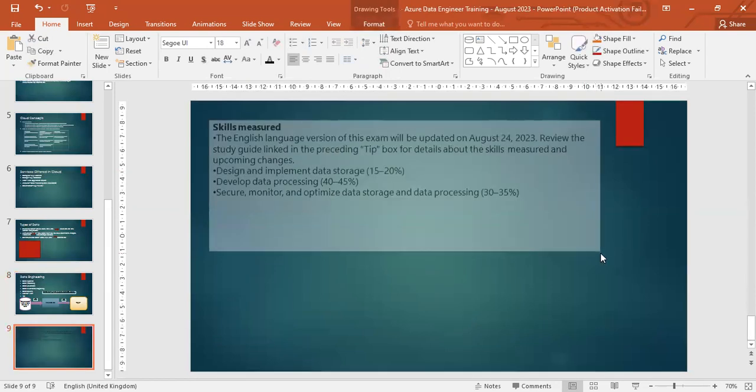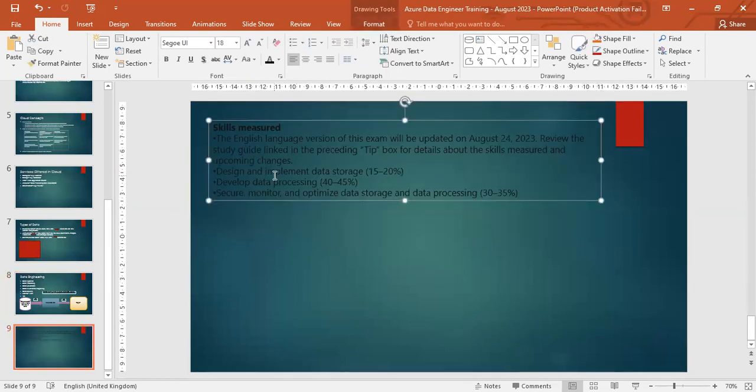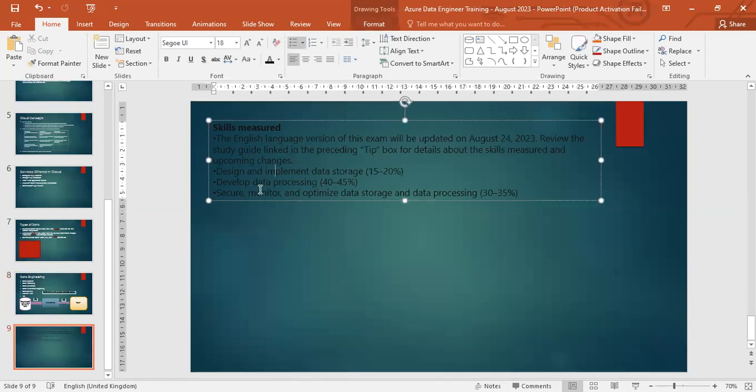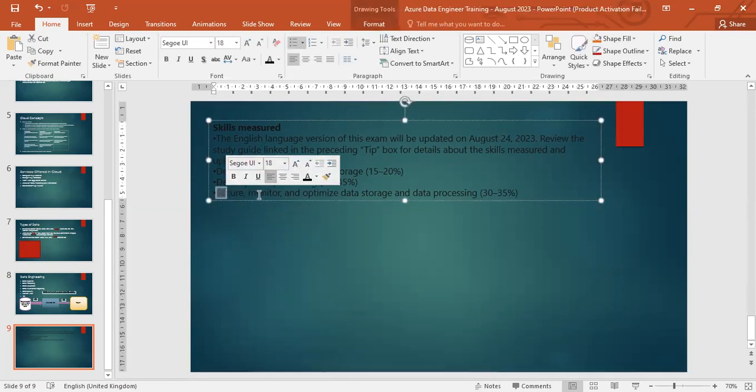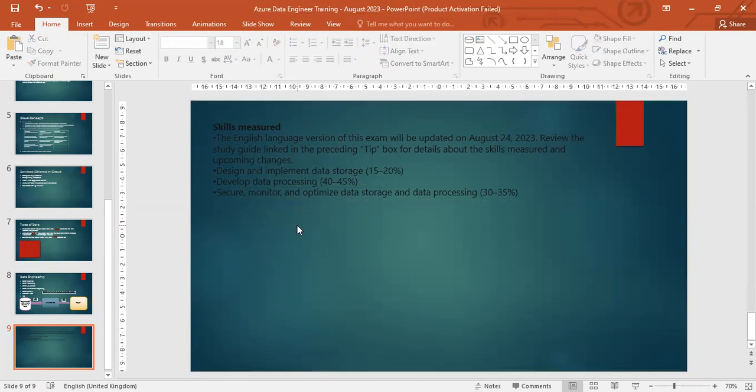If you are planning for the certification, as I mentioned, the majority of the focus is on the storage side: what the types of data are, how they will be stored, and the data processing. Most of this exam is within storage and processing, and then the security options, the monitoring of the data, and the performance.